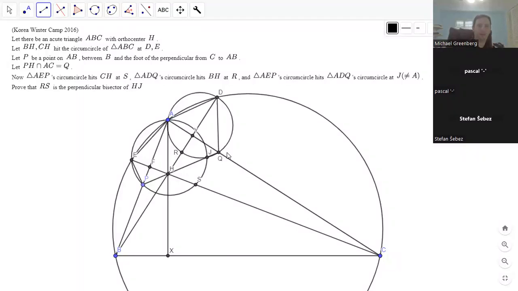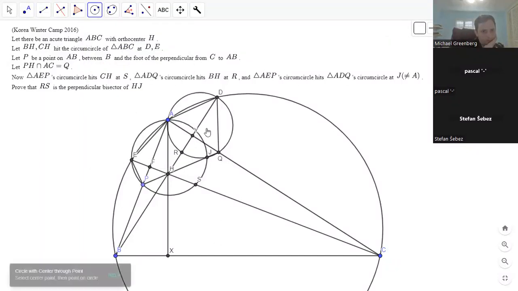I think it's just an angle chase, right? And we want to show that AHQ. So is that true? AJ equals AH? I think I just proved that.